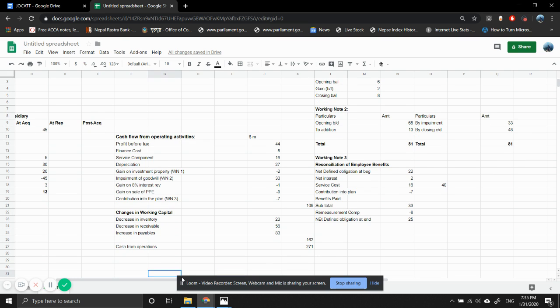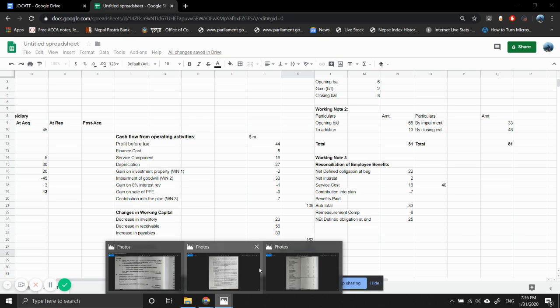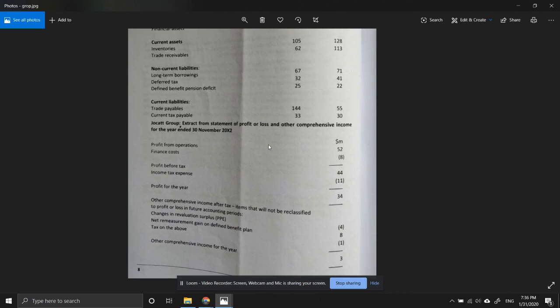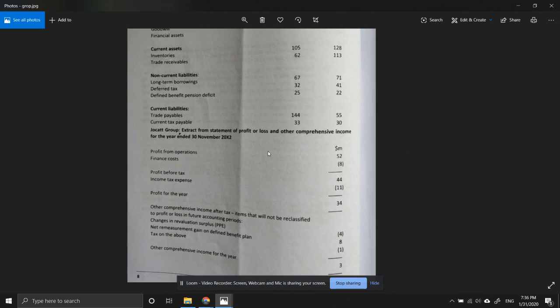And then after that, tax, right? So let's do interest first. Interest paid. So how much interest did we pay? Finance cost being 8 million, right?